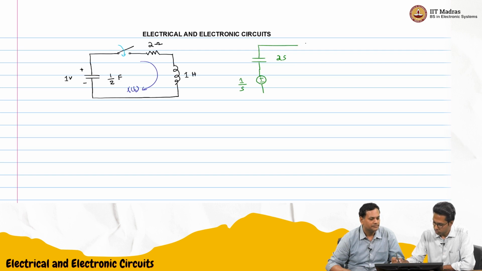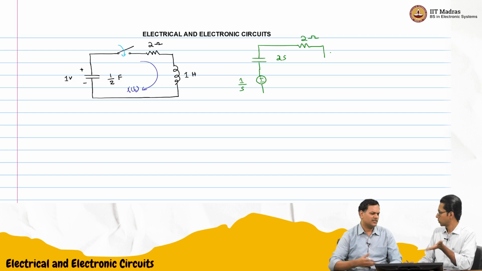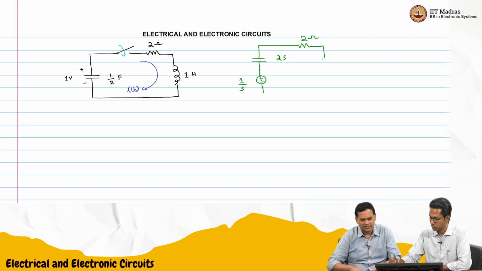Okay, then the switch is closed. The resistor is a resistor, 2 ohm. Then the inductor, anyway, there is no initial condition. Correct. The switch is open, so there is no initial condition.